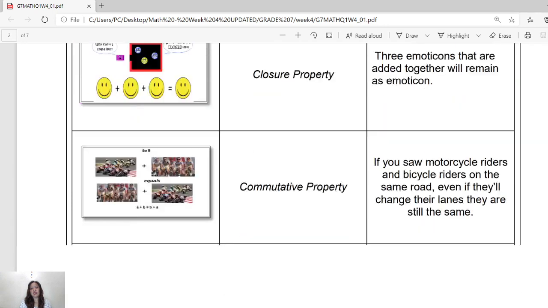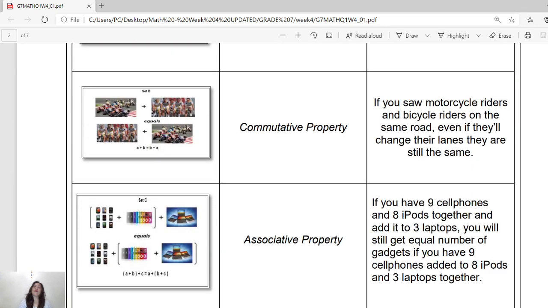Next is the commutative property. For the commutative property, we have illustrations here: motorcycle riders plus bicycle riders. If you change the order, we have bicycle riders plus motorcycle riders.